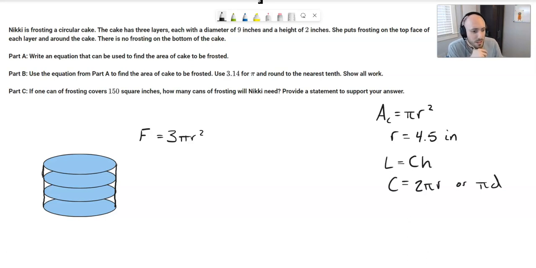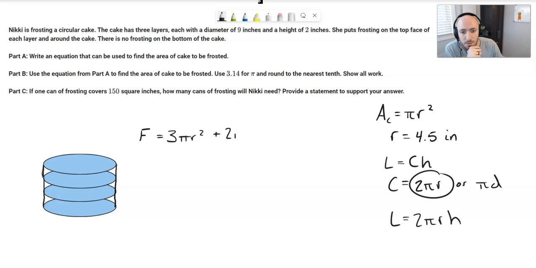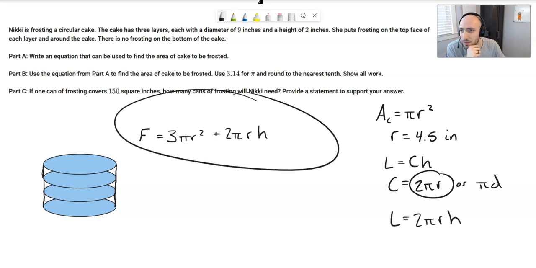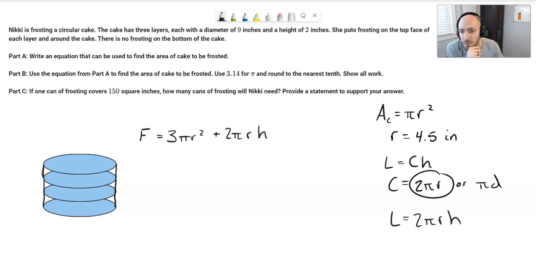We're already using radius here, so I'll use this one. So my lateral area is going to be 2 pi r times the height, and I'll add that to my formula: plus 2 pi r times the height. This formula is going to get me the total surface area to be frosted on this cake.